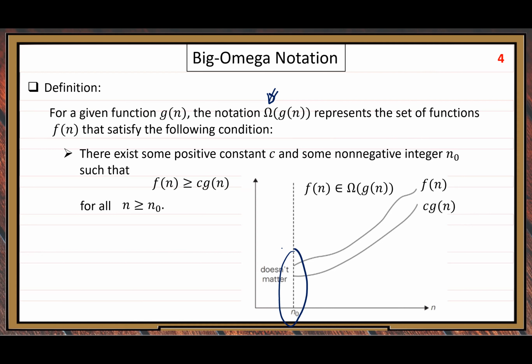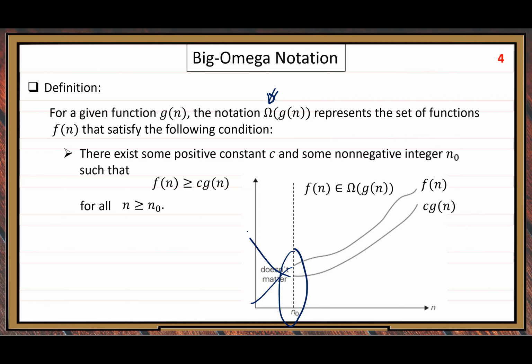Before this vertical line, even if it's not true, even if the curve is like that, it doesn't matter. We don't worry. But we want to make sure that after a certain vertical line, the lower bound relationship must hold. That's the big omega notation, only one side bound.